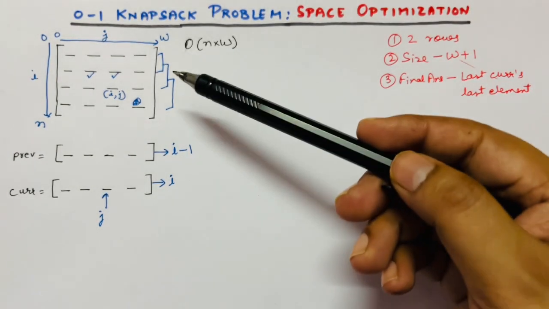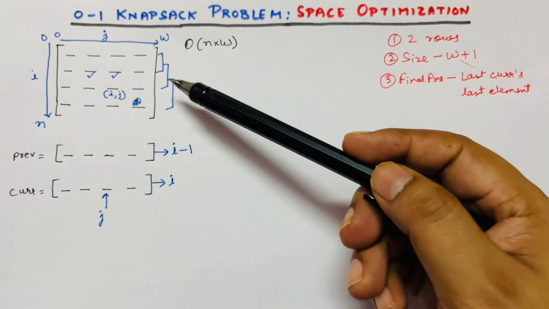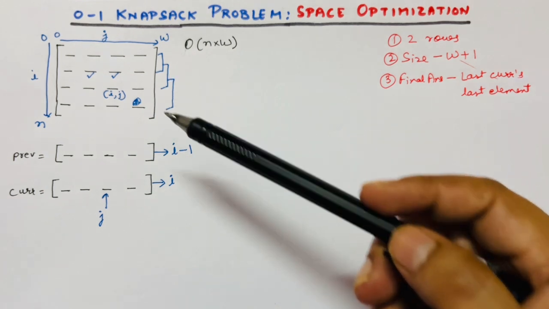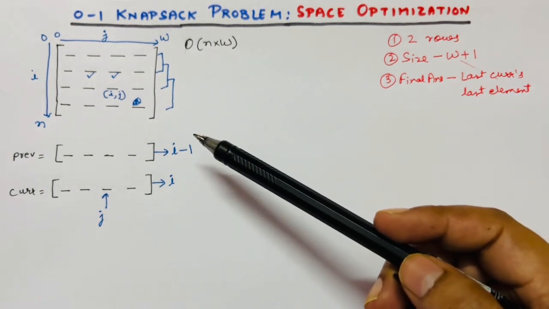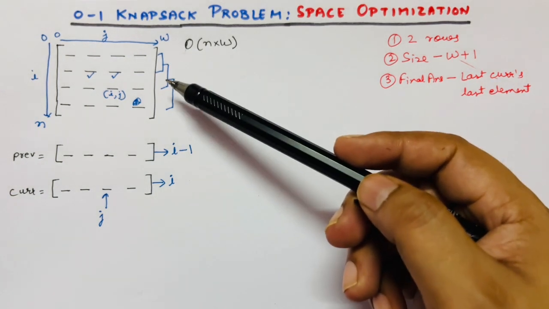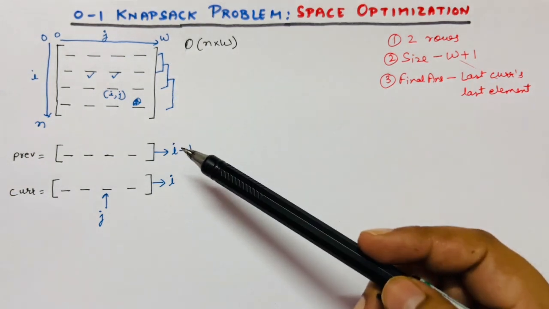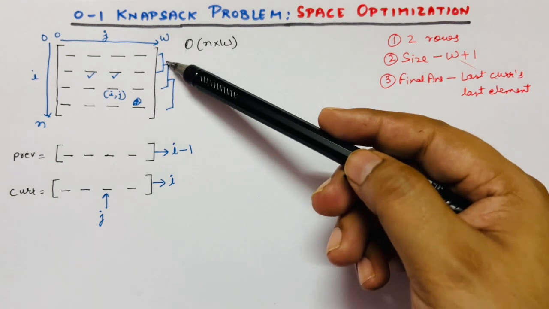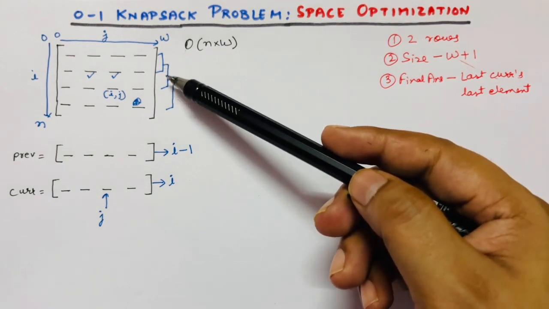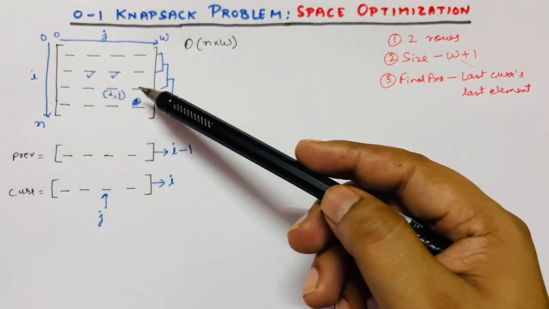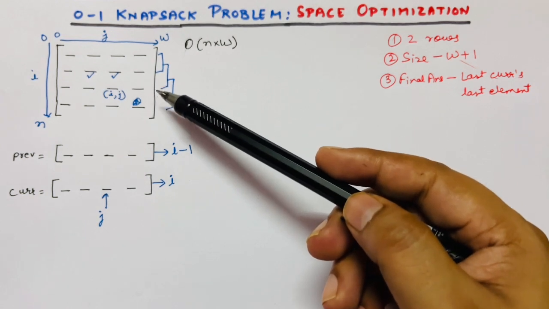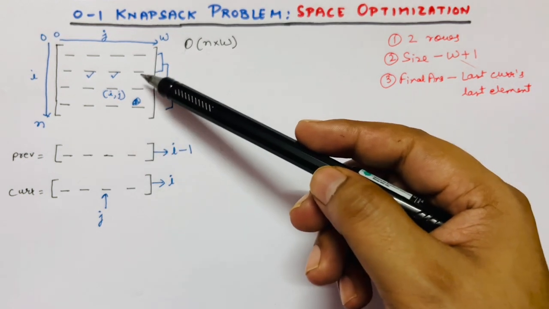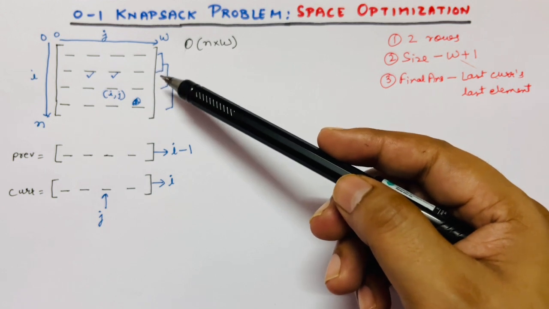Now we can see that we will have to iterate, and in every iteration our previous and current will update. It will start from 0 and 1, then 1 and 2 and so on. When we move from one iteration to the next, the current row will become previous for the next iteration, and the row to which our previous was pointing will be of no use.